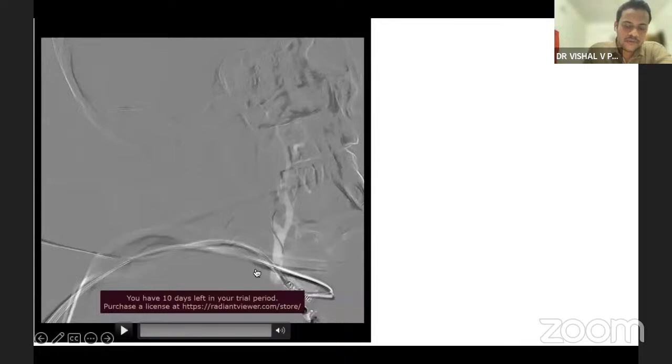So by navigating, we had little difficulty to navigate the microcatheter and microwire across. But after a few tries, the microwire went beyond the proximal segment, and with the microwire and microcatheter technique, the Neuron Max was placed in the common carotid artery.